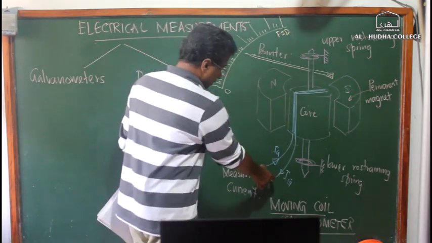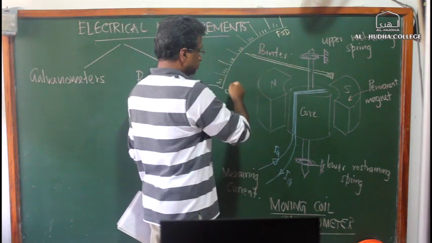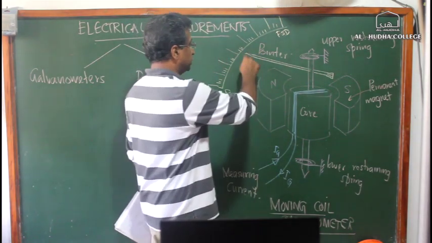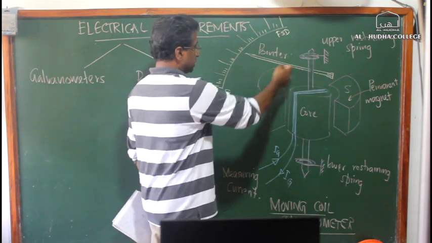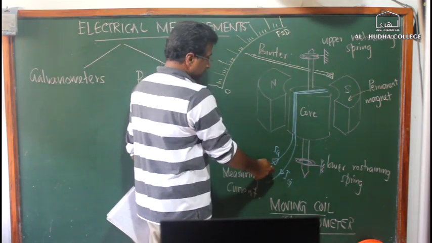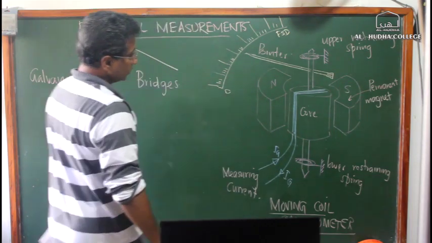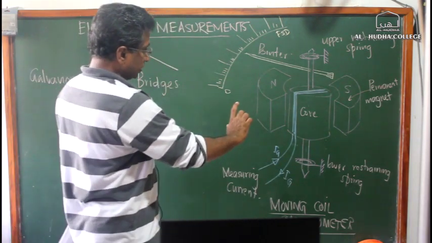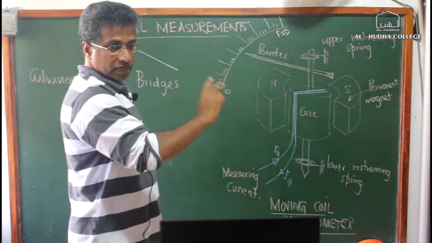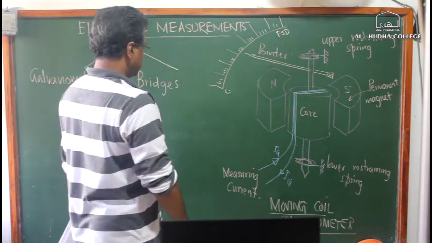Now if you remove the current, the pointer will come back to 0, right? I have shown the pointer in between, but normally when no current is applied, the pointer is at 0. Okay. Now this is the basic element that we are using for any galvanometer based measurements, right?